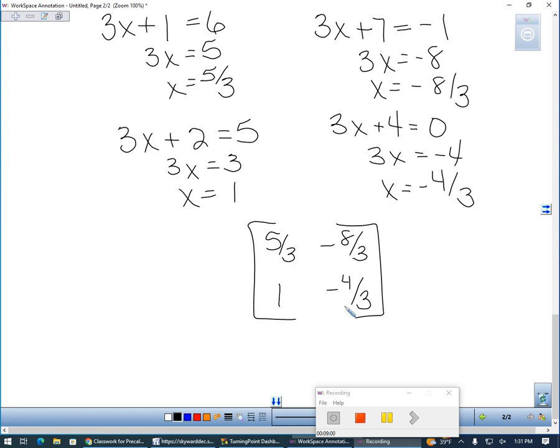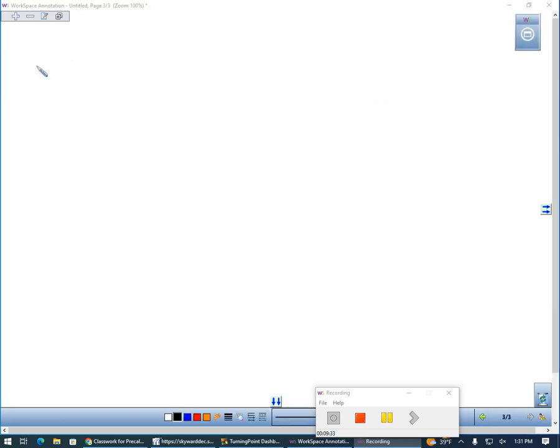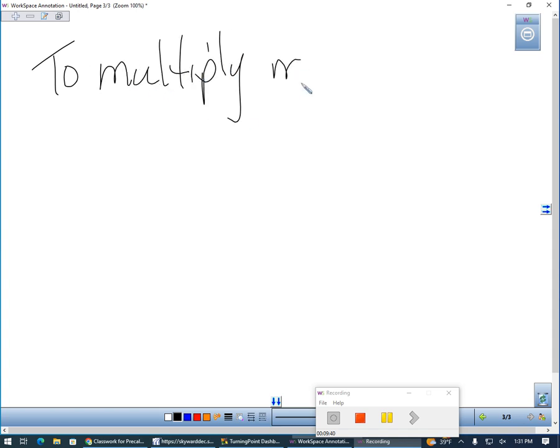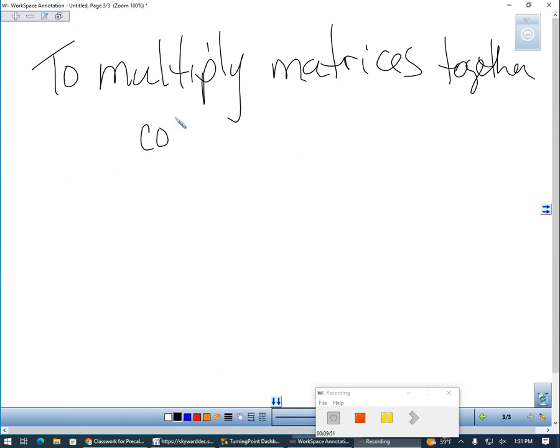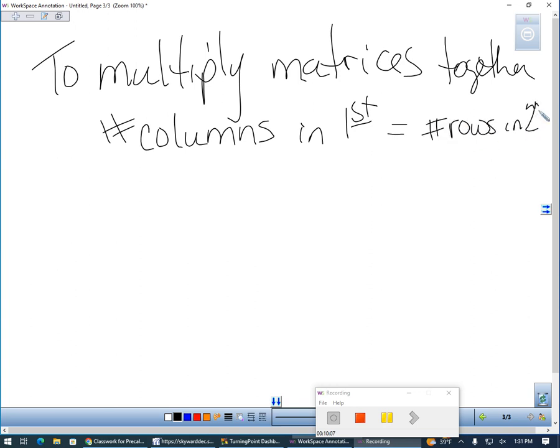So, to multiply matrices together, the number of columns in the first one must equal the number of rows in the second one.